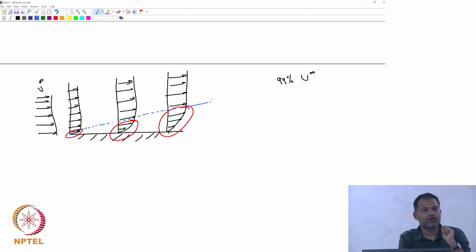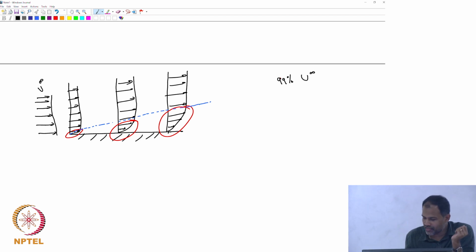That's what the boundary layer is going to be. It's just an imaginary surface that you have drawn to identify the boundary layer part of the fluid flow. So your interest is to find out what that thickness is, right?